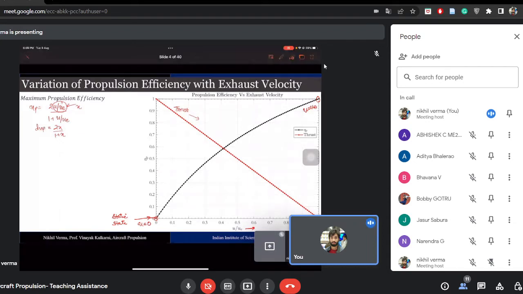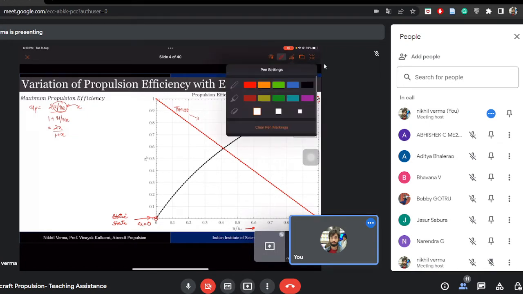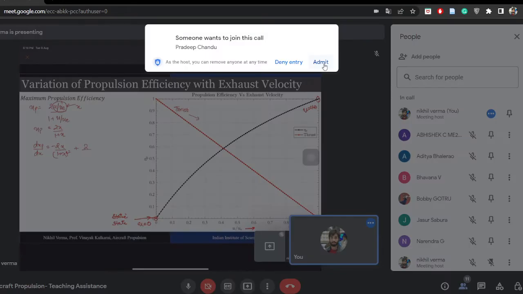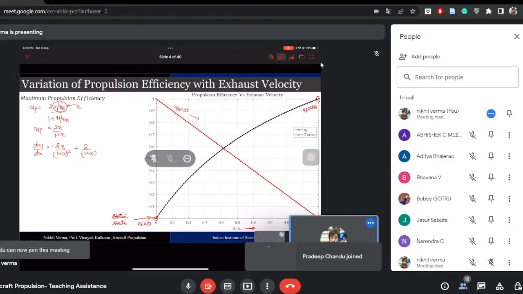So you have d eta P by dx is equal to minus 2x over 1 plus x square, and you have plus 2 over 1 plus x, so you get (1 minus x) by (1 plus x) square.